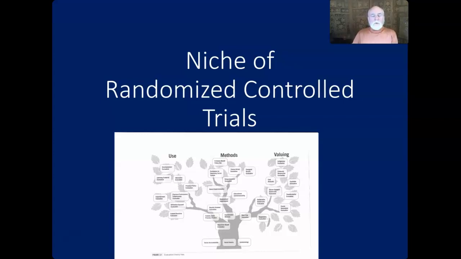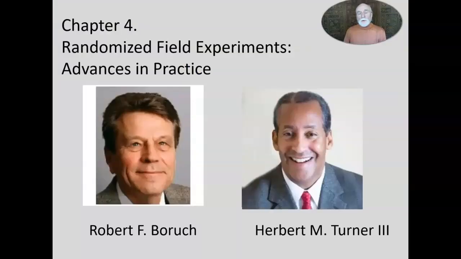Randomized controlled trials address that question. Here perhaps is the ultimate test of the perspective I'm offering. Robert Baruch, clearly from the very beginning, has been the epitome of randomized field experience on the evaluation theory tree. In the latest edition, with his colleague Herbert Turner, they write about randomized field experiments.